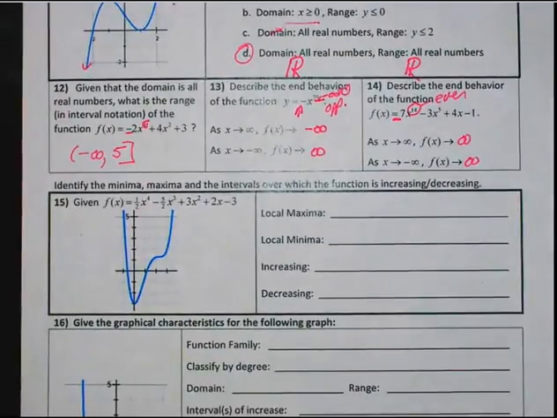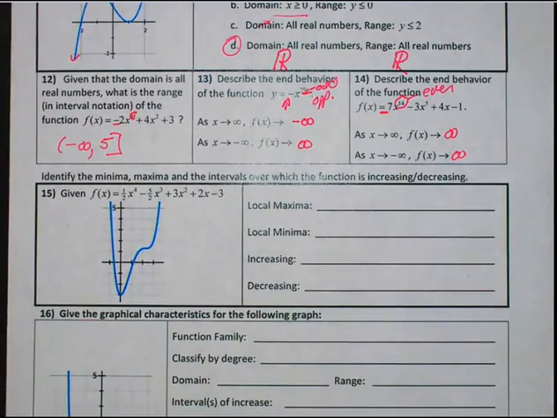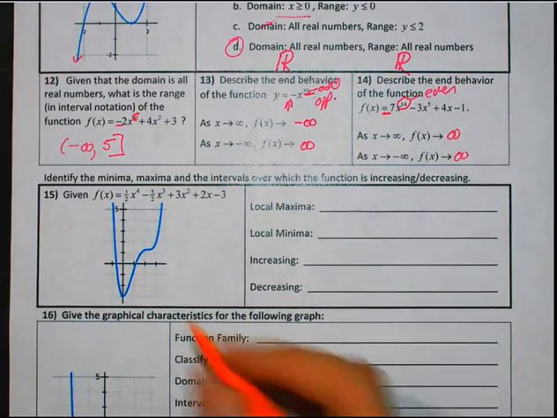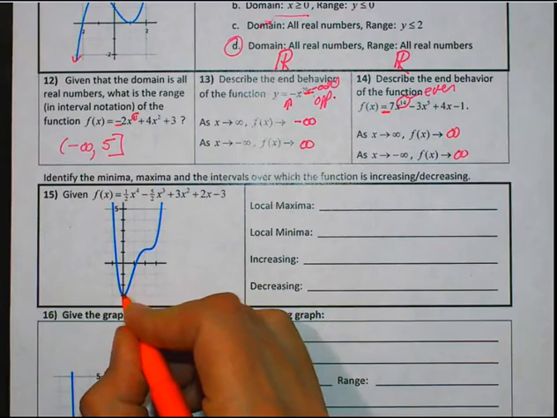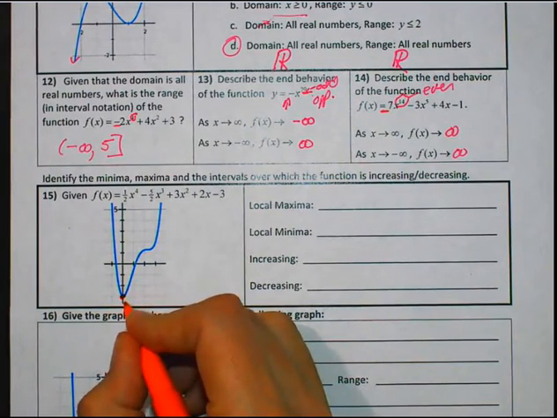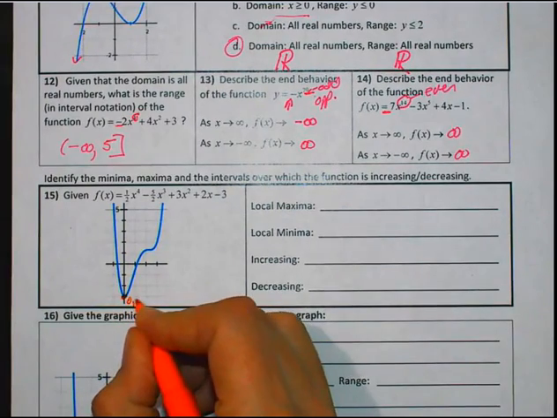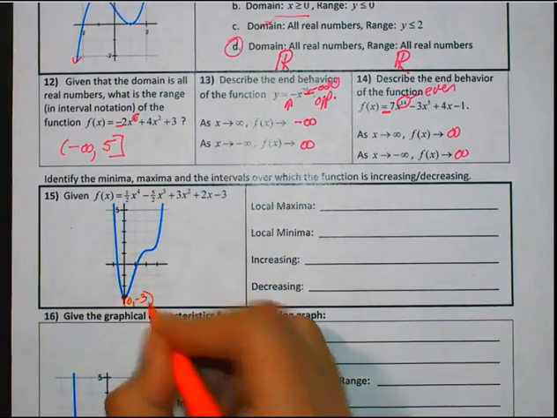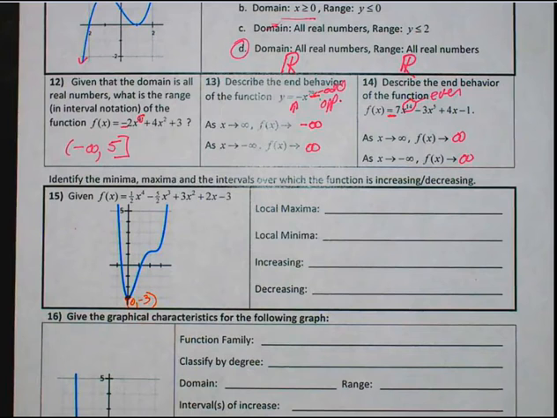Okay, so the next one says identify the maximum, the minimum, and the intervals in which the function is increasing or decreasing. All right, so we have a minimum here. That minimum is at 0, negative 3. Okay, so that's a minimum.